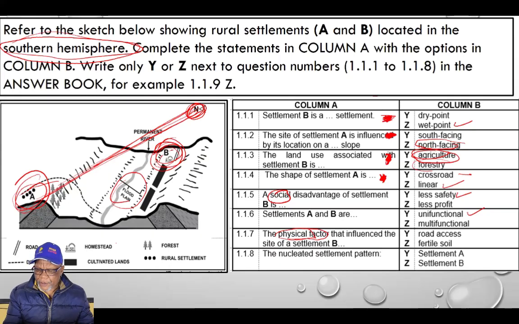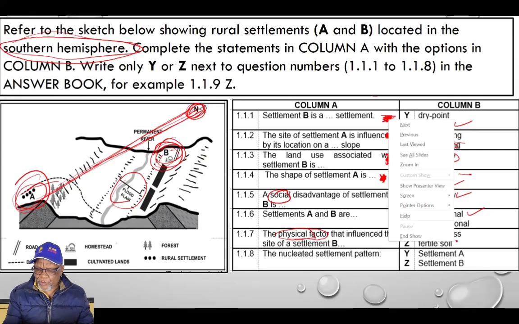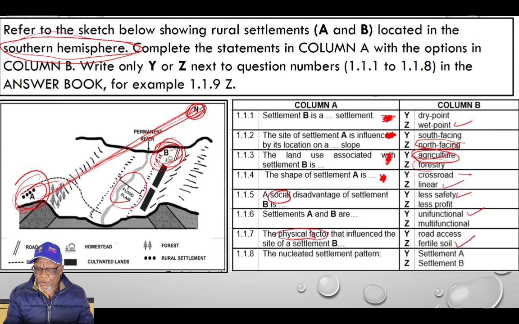So the reason why the settlement developed there is because of fertile soil. You can see the settlement is on a flat plain where there is deposition of fertile soil. So the correct answer there will be fertile soil.